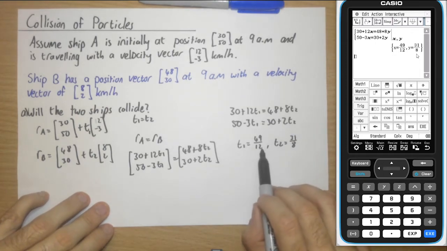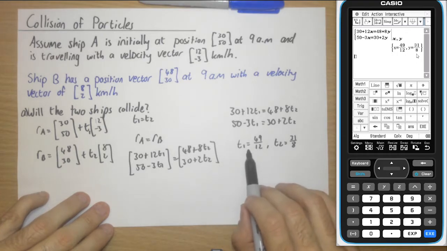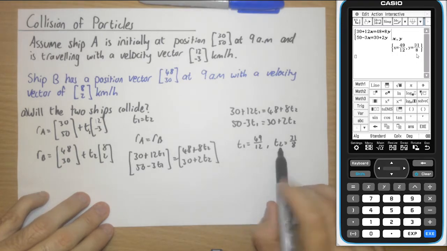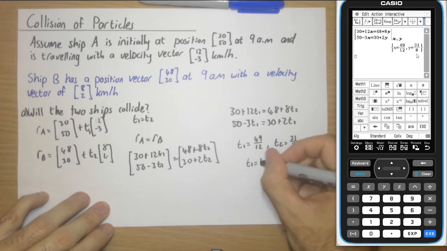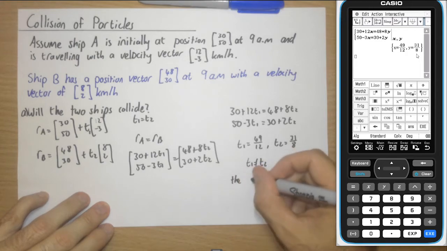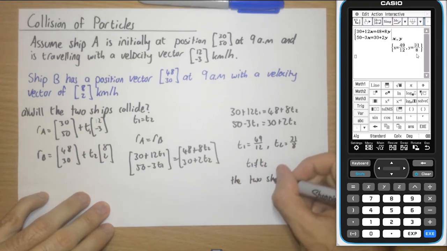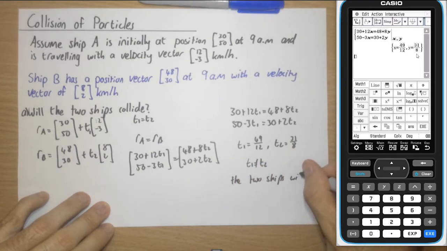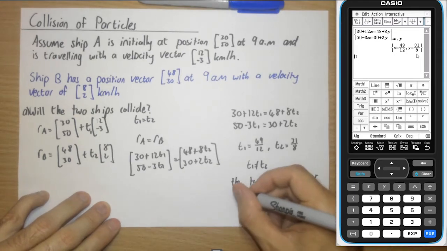What we can see here is that the two paths will cross, but since t1 does not equal t2, because they're different, the two ships will not collide.